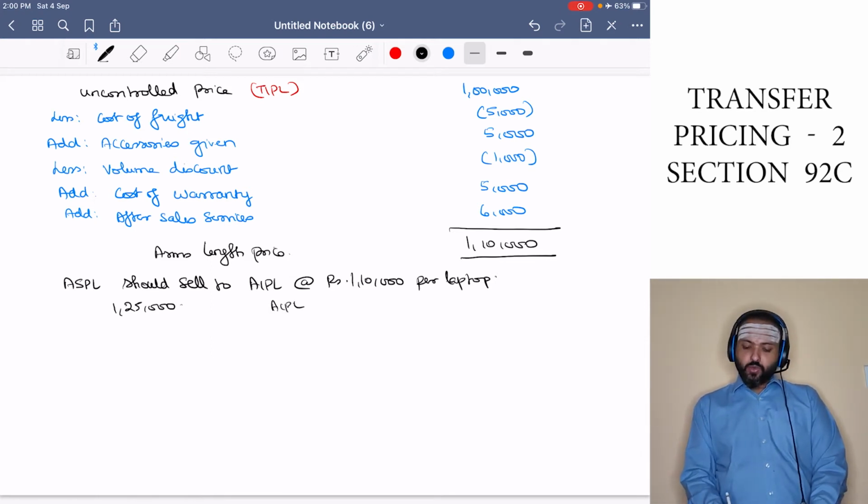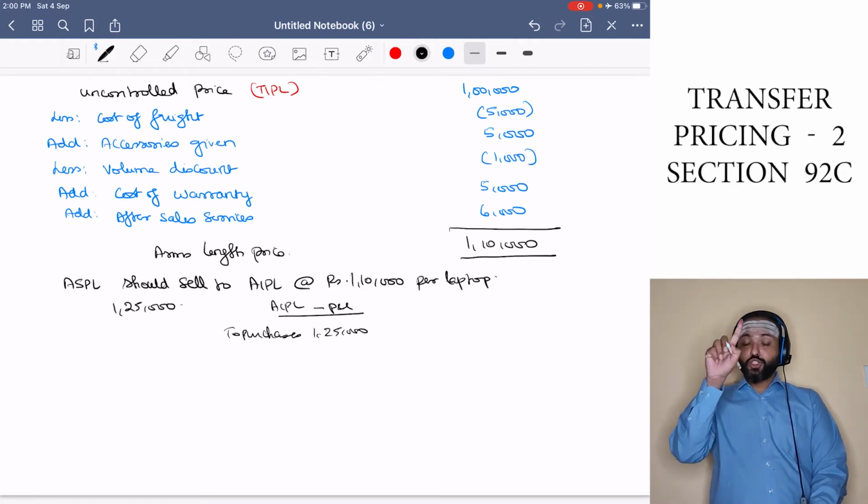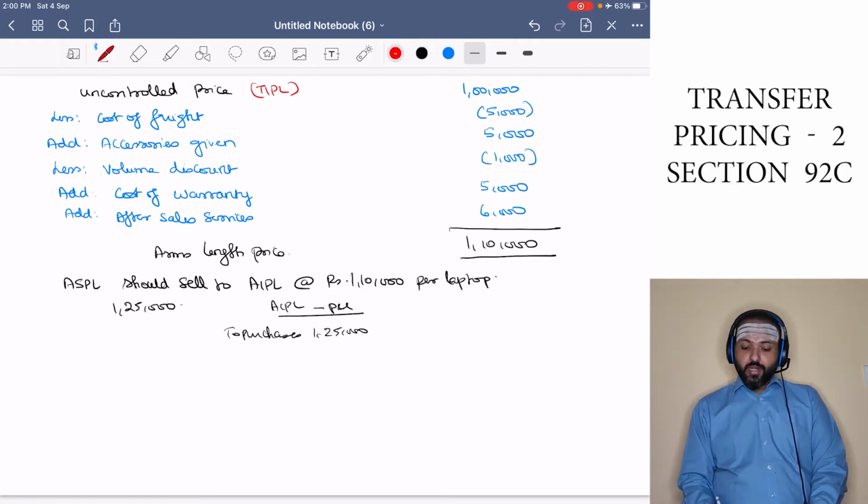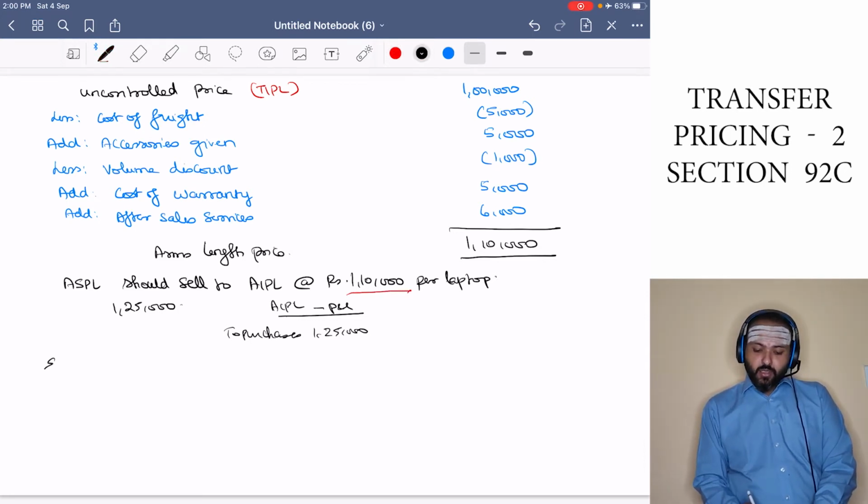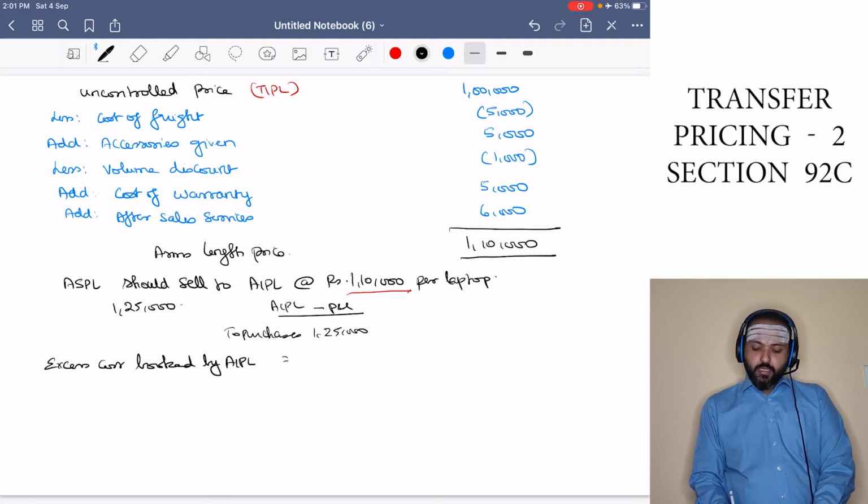AIPL, let us say, is preparing the P&L account. In the P&L account, under purchases, he will show 1,25,000. But how much should he show? He should show only 1,10,000. So what has happened? Excess cost booked by AIPL is equal to 15,000 per laptop.